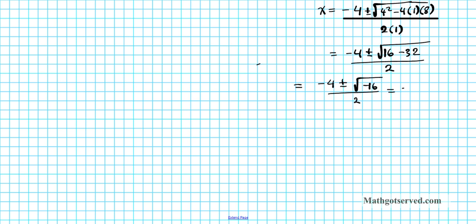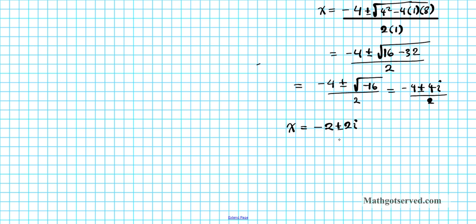So that becomes negative 4 plus or minus 4i over 2. And then that gives us the final answer. X is equal to negative 2 plus or minus 2i. That's if you divide these two by the 2 downstairs here.